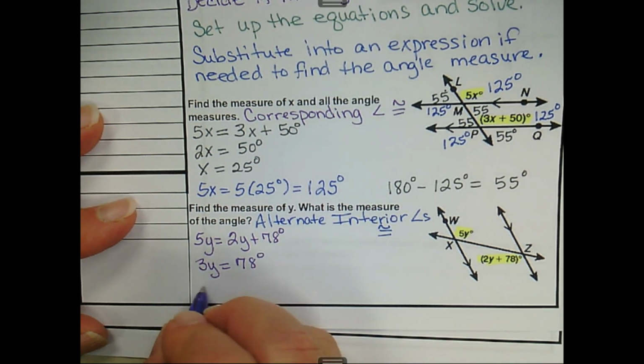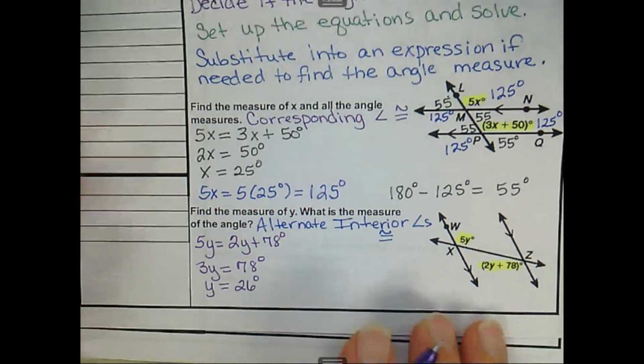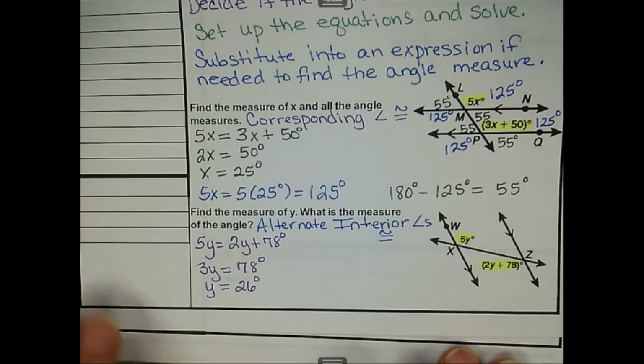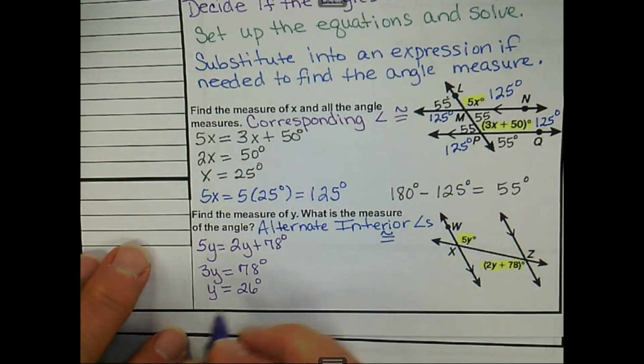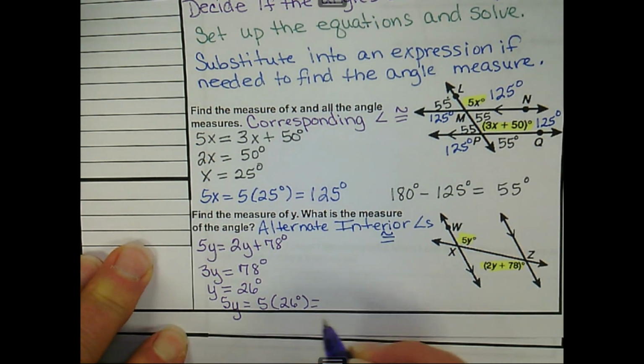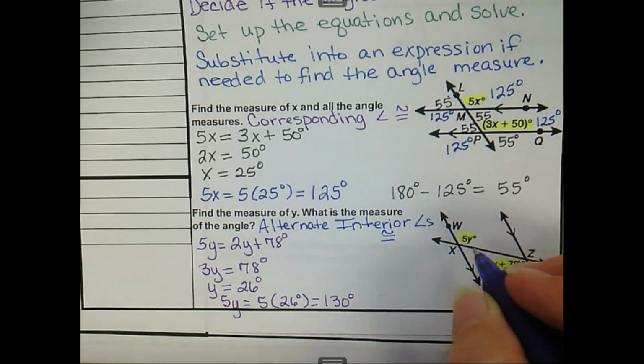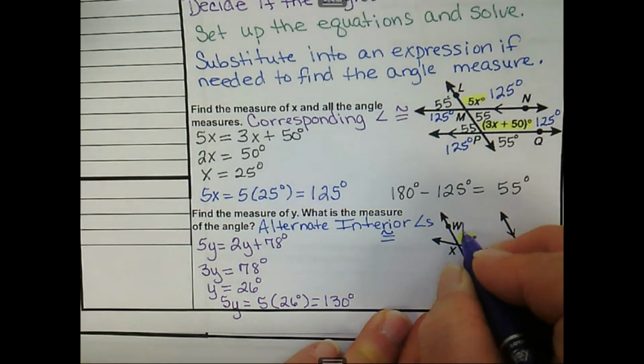Divide by 3. Y is equal to 26 degrees. Okay, substitute back in. Well, 5y is probably the easier one to do. So that is 5 times 26 degrees, which gives me 130 degrees. Once I know 1, I know 4.